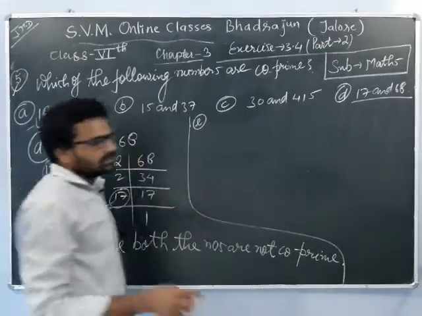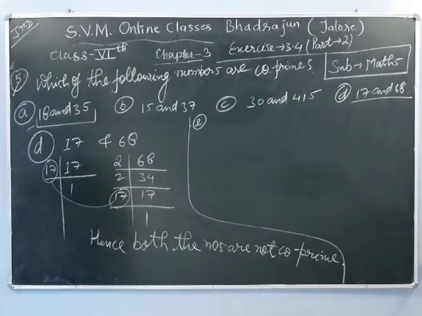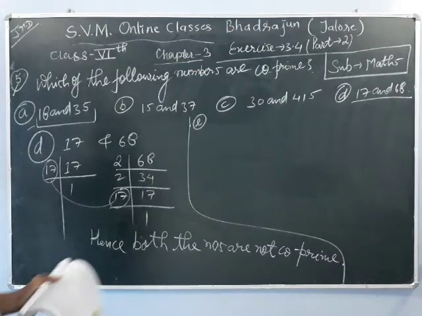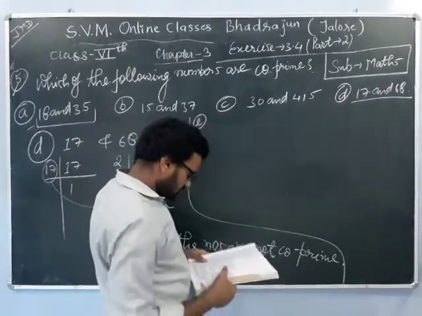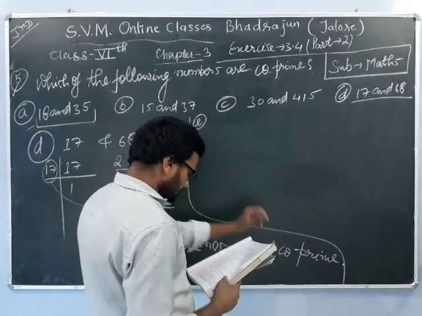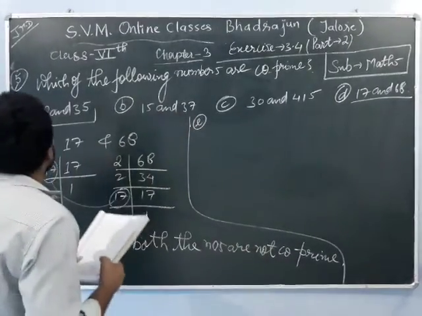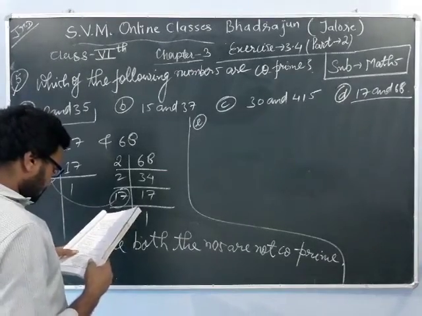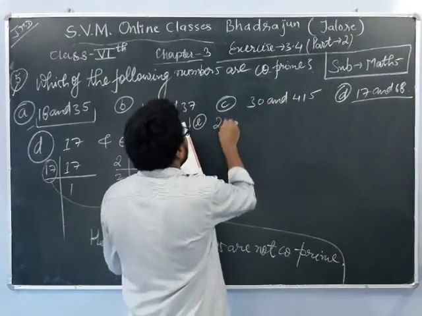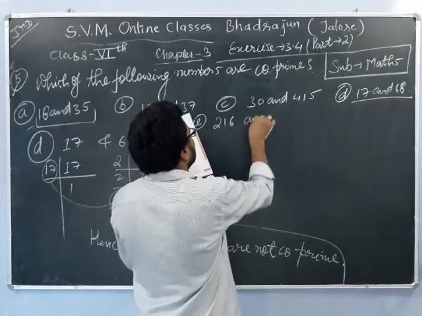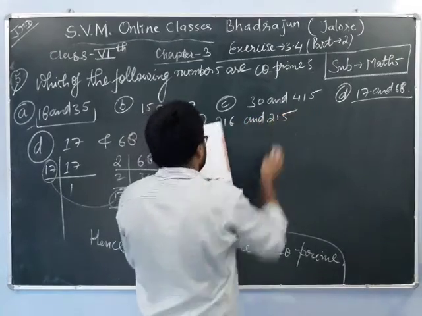This is our part E, in which we have 216 and 215, these two.